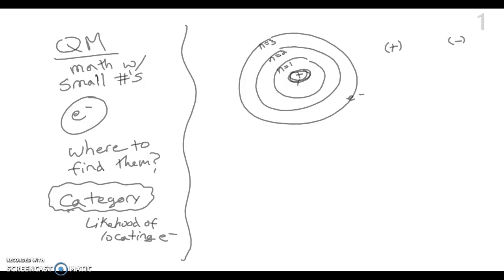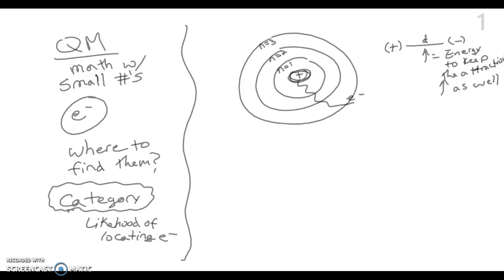And as this distance gets farther away, it has to be stronger to hold it. So as this distance goes up, the energy to keep it there also goes up. Okay, so we know that n equals 1 has less energy than n equals 3.